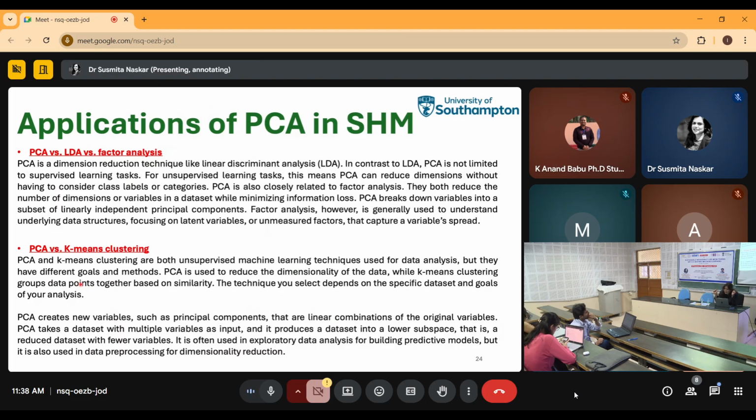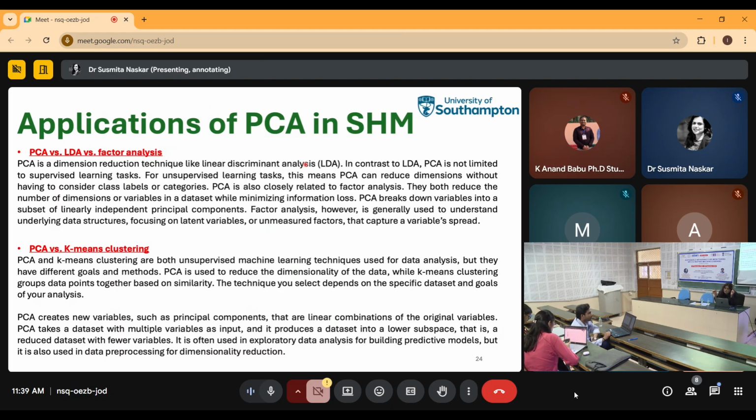What is LDA? LDA is a supervised method which chooses the direction. These are all about dimensional reduction, making your model quite easy. LDA is linear discriminant analysis. Compared to PCA, it chooses the direction that separates the known classes, meaning it maximizes between-class variance and minimizes within-class variance.